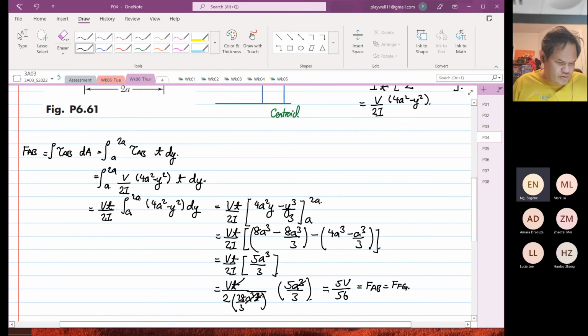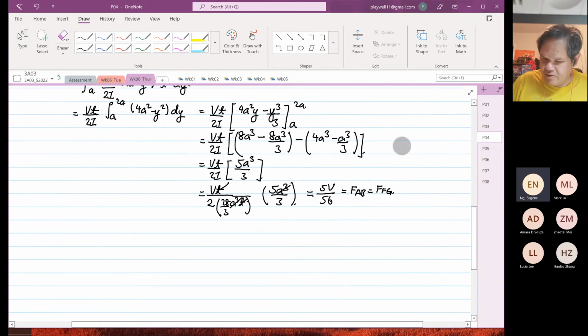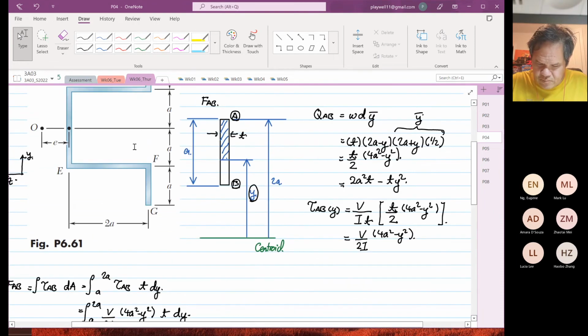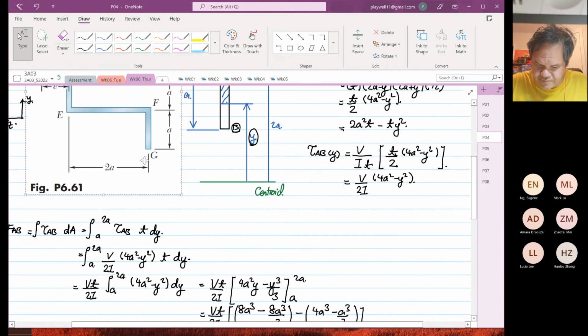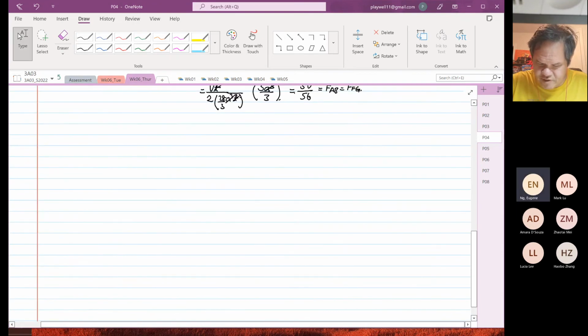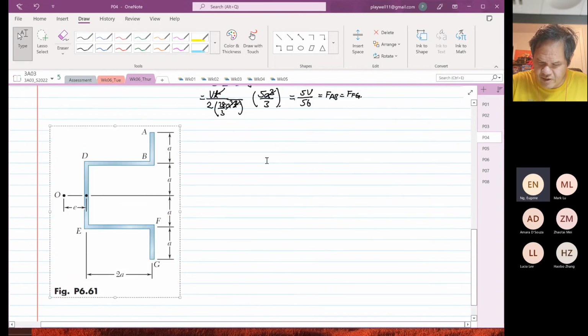Next we are going to do the same for FBD. Let me bring down the cross-sectional view again, then it's easier. As I told you, this is so much easier than the thin wall analysis I taught last week.